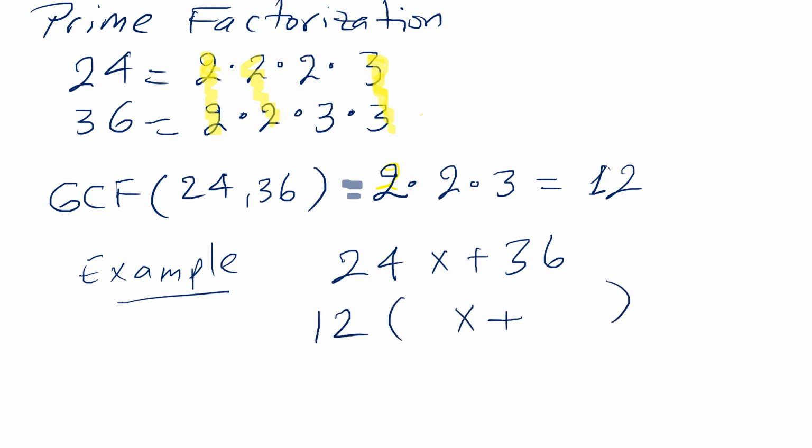Then you have x here, and what's going to be left, which is interesting, you're going to see for 24 it's going to be this number here, 2, and for the other 36 it's going to be this number here, 3, because the ones with the yellow give us the greatest common factor, and whatever is remaining, or the other factor, will lead to the product. So this is nice to show.